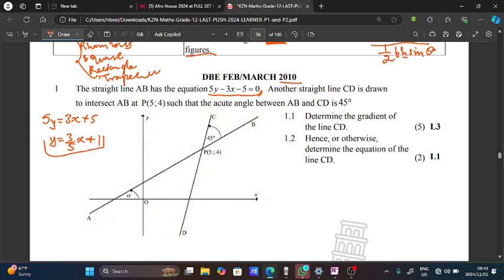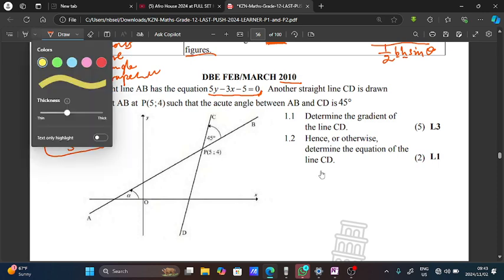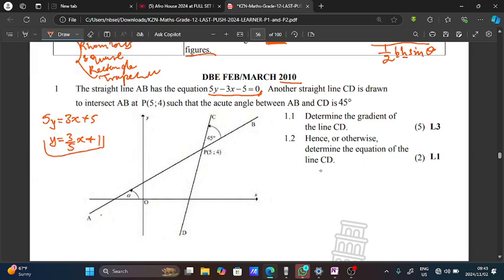Fine. So now let's see another straight line, CD. This line was AB. Maybe let's try to highlight that. So this is my AB.